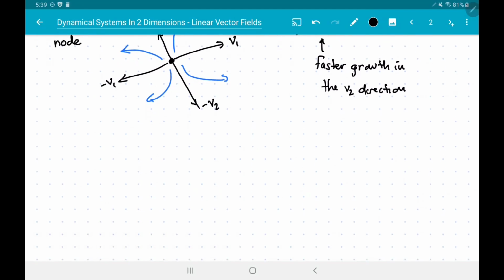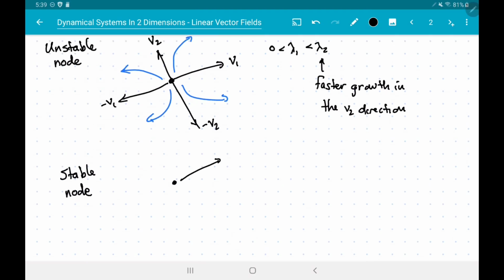Now, if we can do an unstable node, we can, of course, do a stable node. A stable node, again, let me draw in some eigenvectors. There's v1 and v2. There's minus v1 and minus v2.